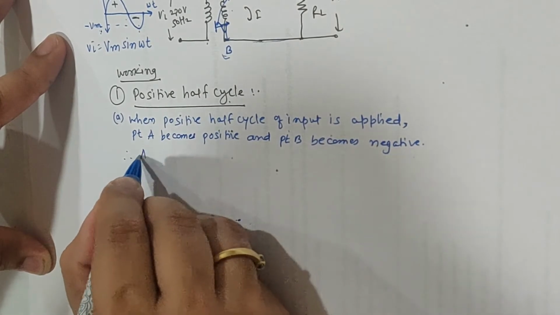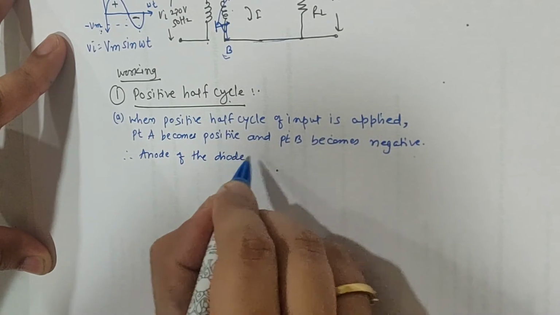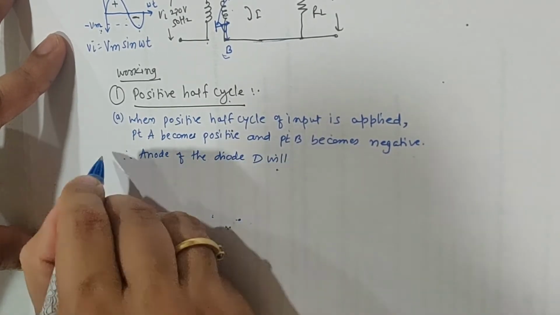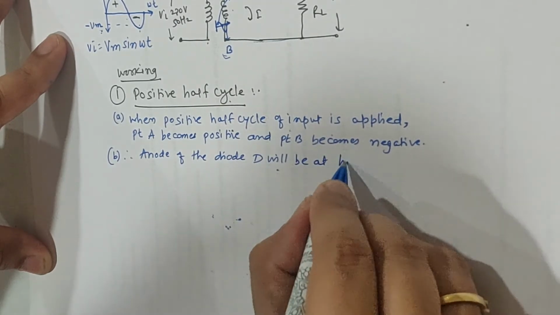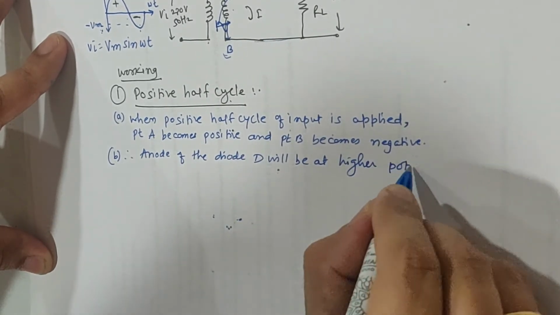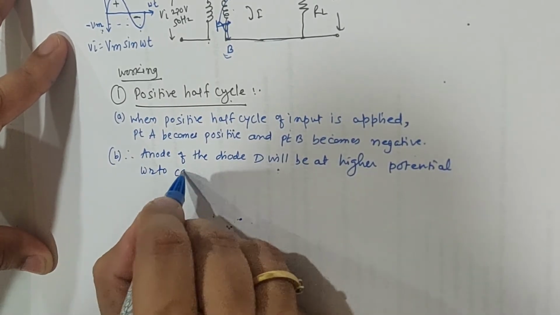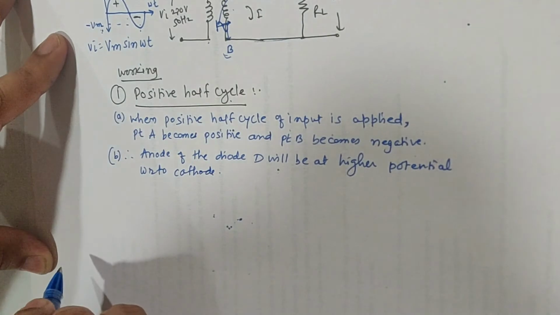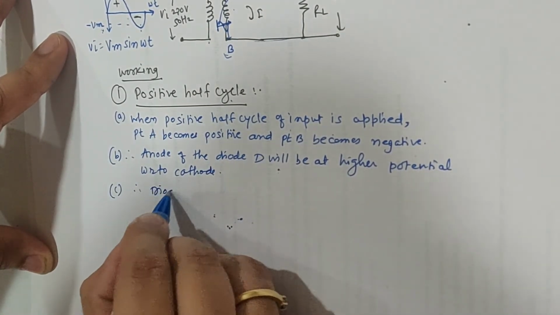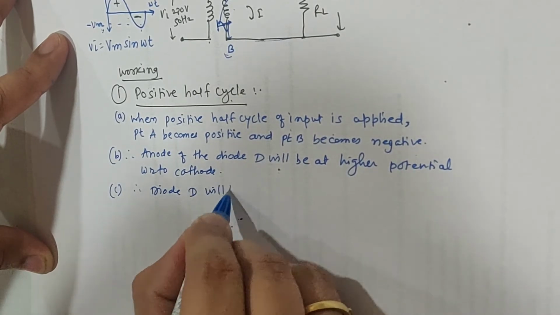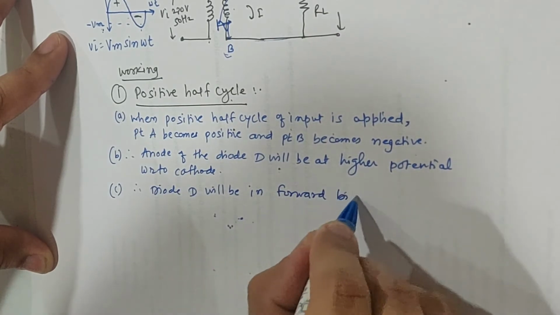Therefore, anode of the diode D will be at higher potential with respect to cathode. Therefore diode D will be in forward bias.